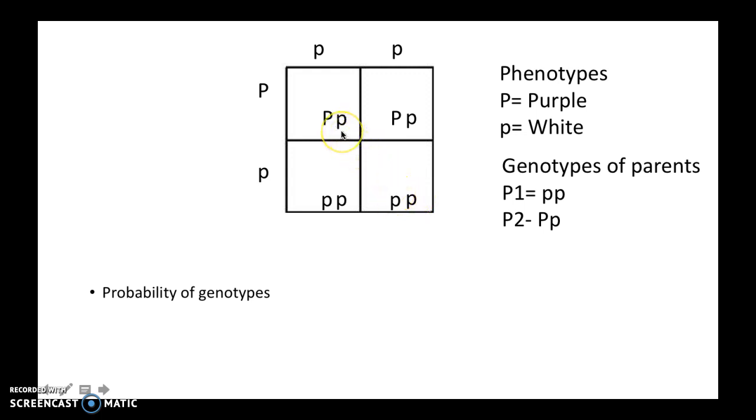Don't forget, 1 box 25, 2 boxes 50, 3 boxes 75, and 4 boxes 100%. So here we have 1, 2 heterozygous, so that's 50% heterozygous, and we have 1, 2 homozygous, which is 50% homozygous recessive. So we'll write that down on our problem. Give you a second there.